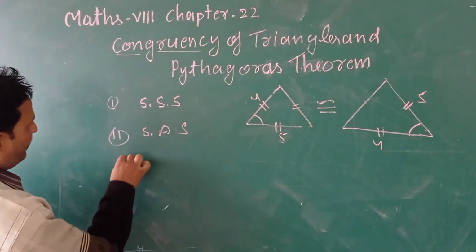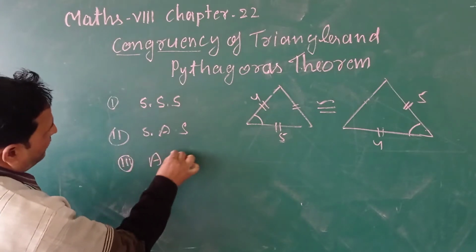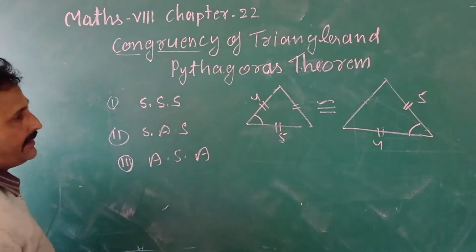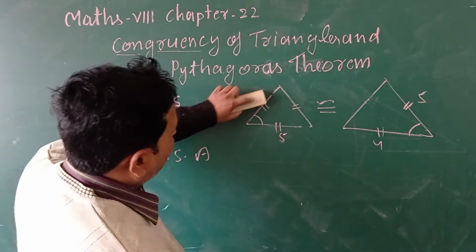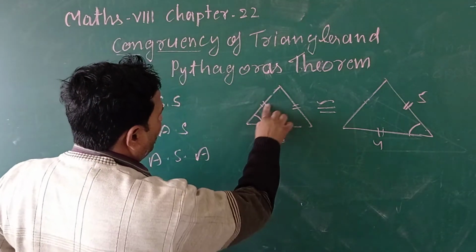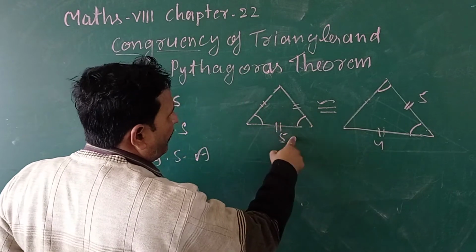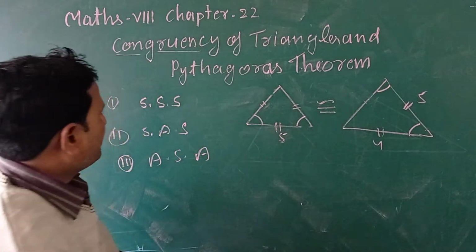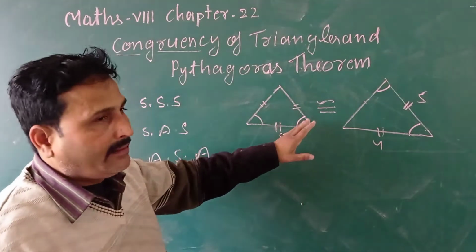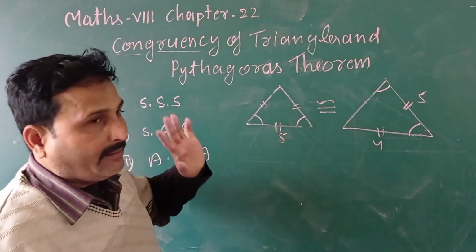Now the third one, angle side angle. If two angles of a triangle are equal and the side between both angles is also equal, that is called angle side angle.